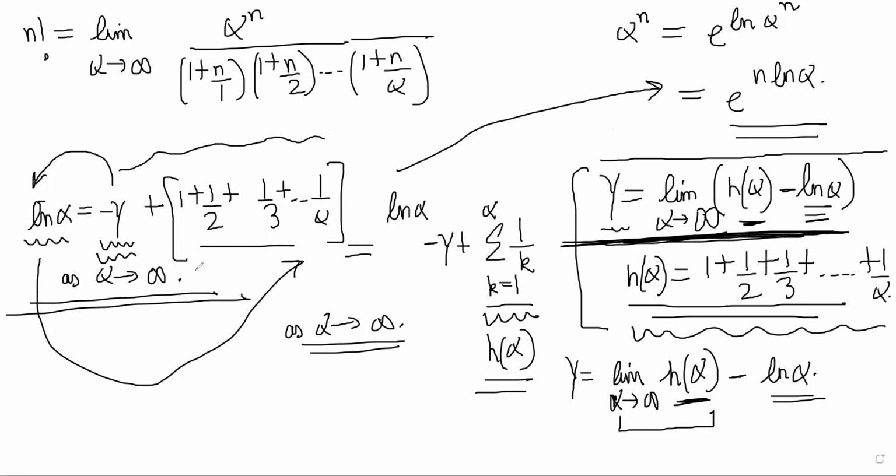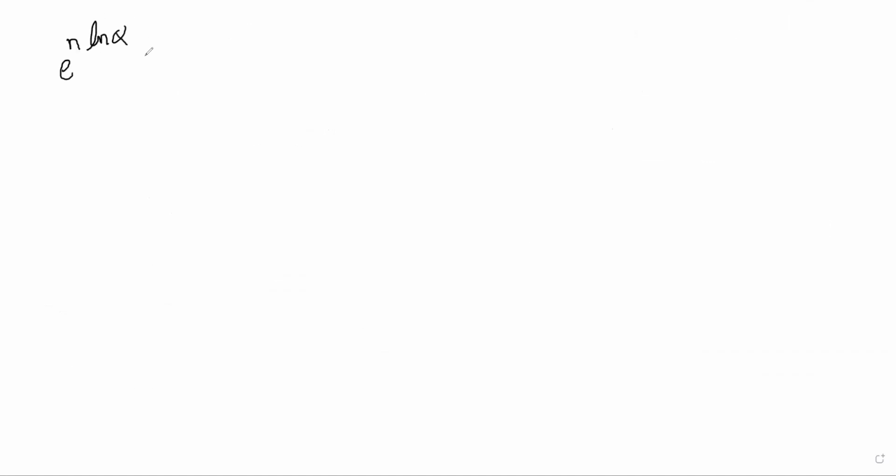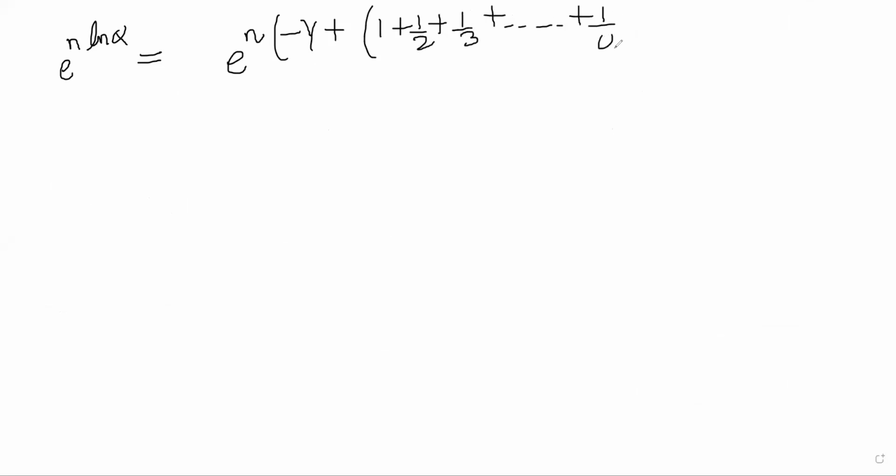So if ln alpha is this, then e power n ln alpha will become e power n times minus gamma plus 1 plus 1 by 2 plus 1 by 3 and so on till 1 by alpha.